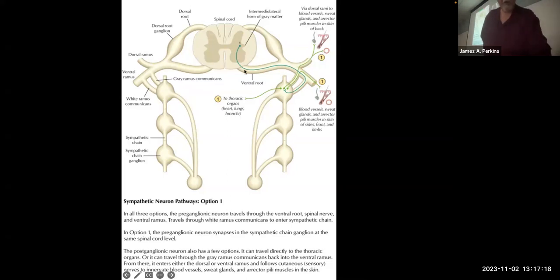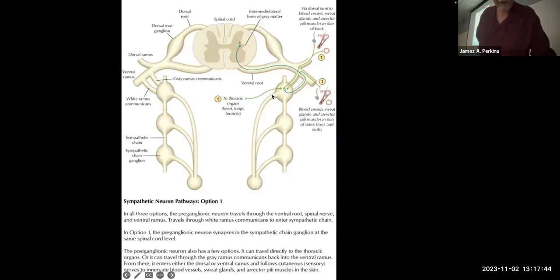Now, in this particular option, which I've just labeled down here as option 1, what happens is that the preganglionic neurons are going to synapse immediately in that very first ganglion that they enter. So if this was, say, the T4 level, and that's the T4 ganglion, these preganglionic neurons would synapse immediately in that first ganglion.